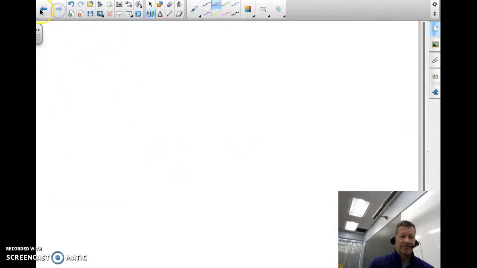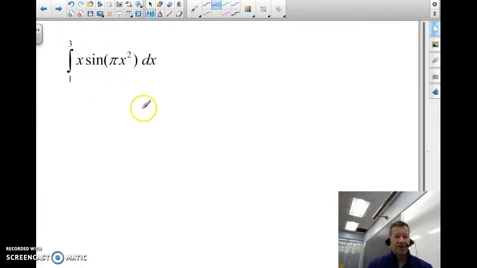Here's my last one. Let's try this one. x sine pi x squared. Well, again, I don't know that antiderivative. I can't rewrite it really in any good way that will help me, so I'm going to use substitution. Inside the sine function is a pi x squared. If I let u equal this, x squared has a derivative that involves x, so let's try that. u equals pi x squared.